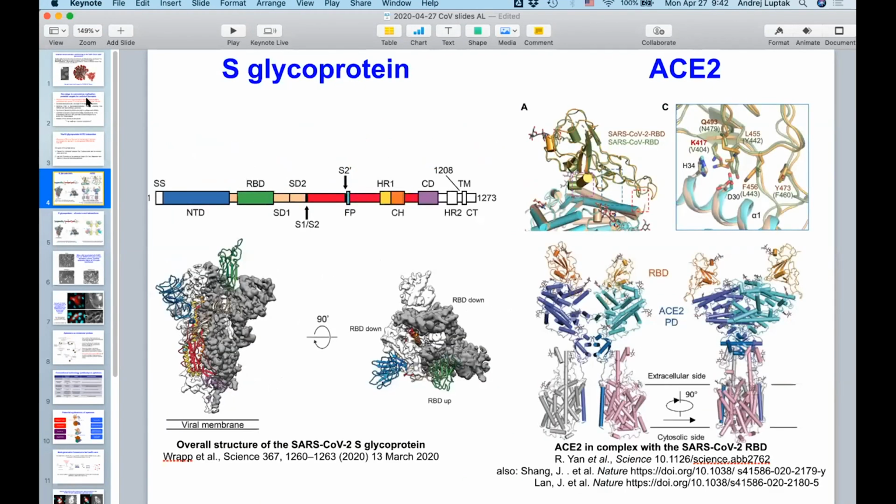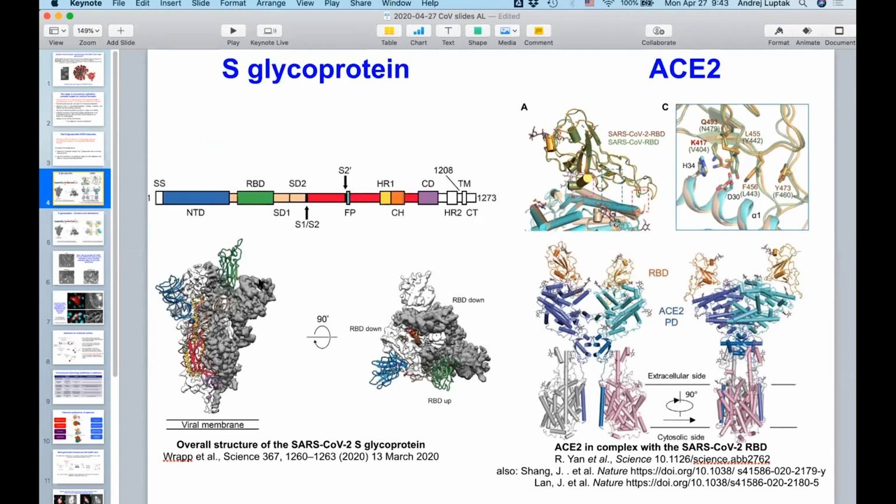So just to bring you into the 3D, perhaps projected 3D space. Here, on the left, you see a recent cryo-EM structure of the current SARS spike protein. The receptor binding domain is in green here, and they modeled it in two different conformations.